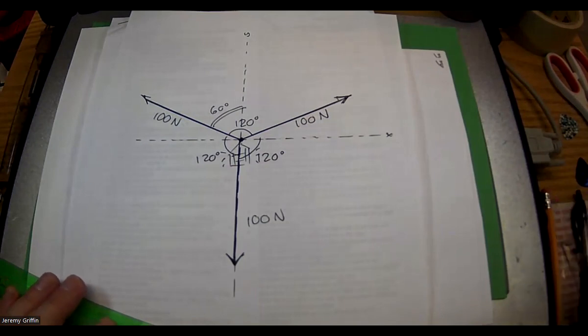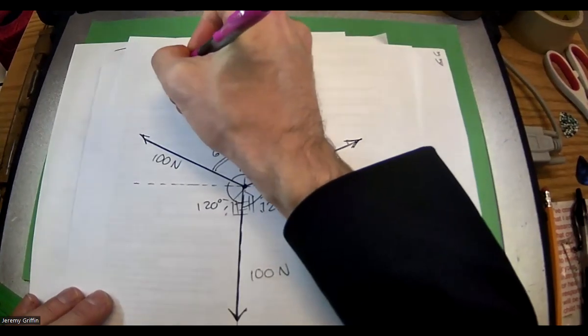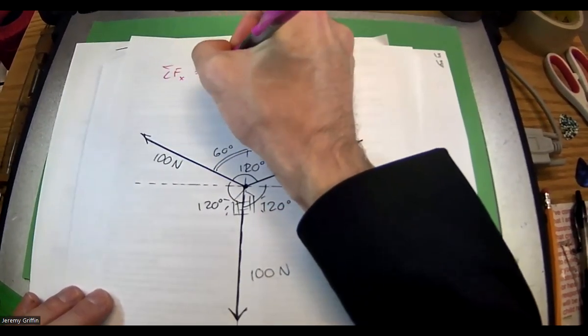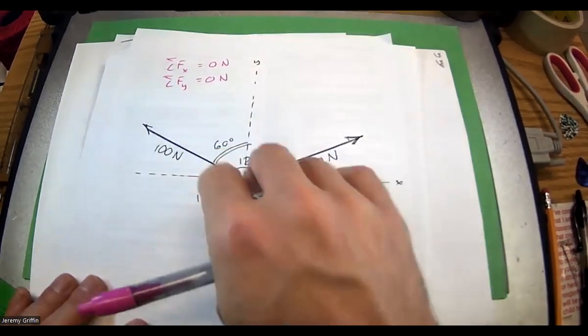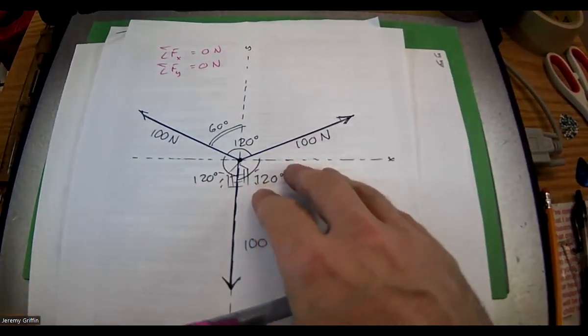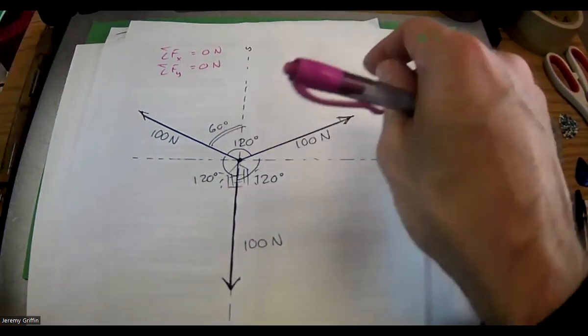Here's what I want to do with this though. I want to get a bit more granular, because I can say that the sum of the forces in the x direction is 0 newtons, and the sum of the forces in the y direction is 0 newtons. This, by the way, looks really similar to one of the PowerPoint slides we did over the last couple of days, and also one of your labs way back in the day when you guys had some spring scales.